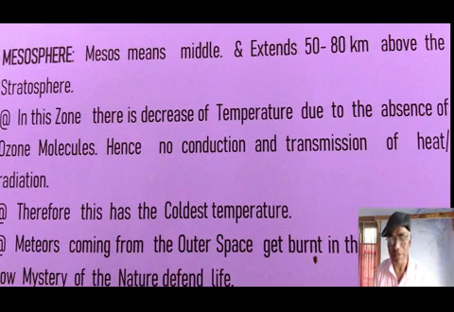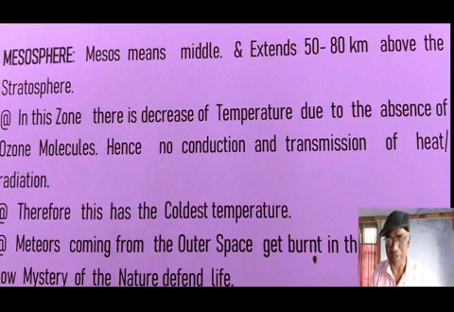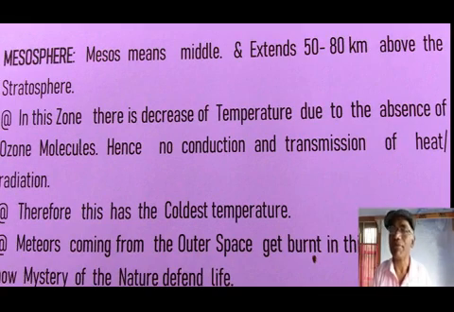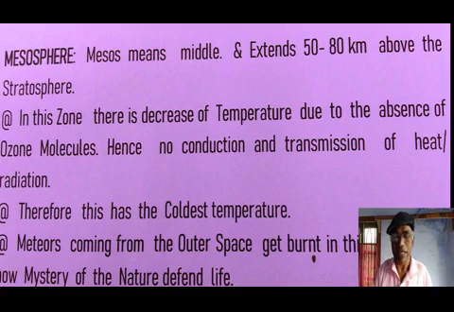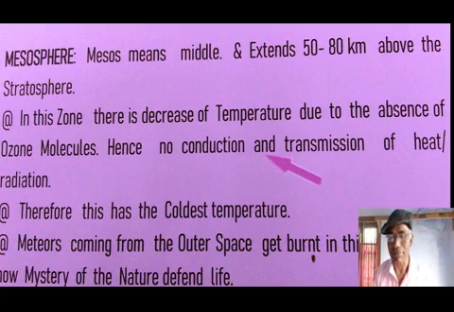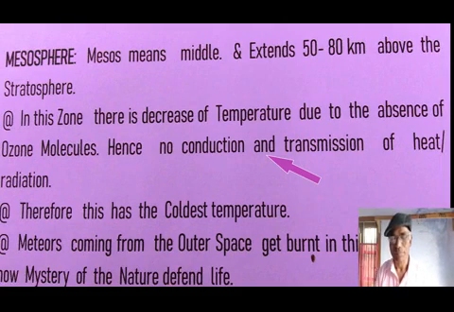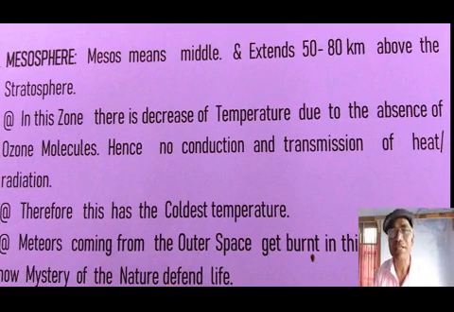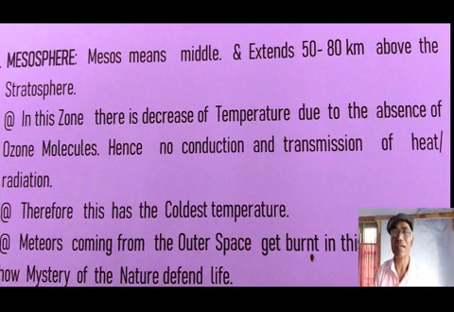In this zone, there is a drastic decrease of temperature due to the absence of ozone molecules, hence no conduction and transmission of heat or radiation. Therefore, this layer has the coldest temperature in the atmosphere.